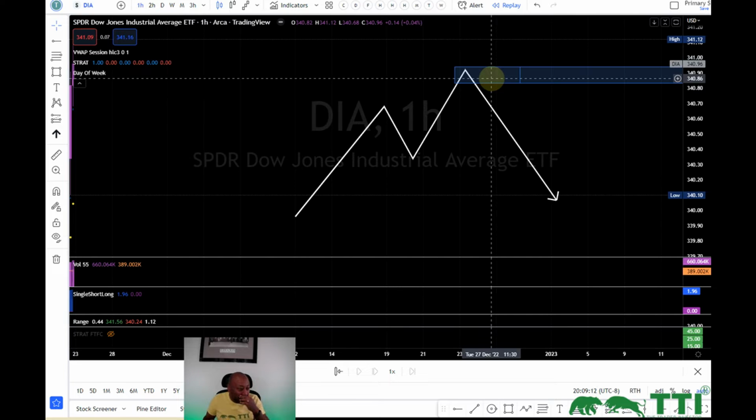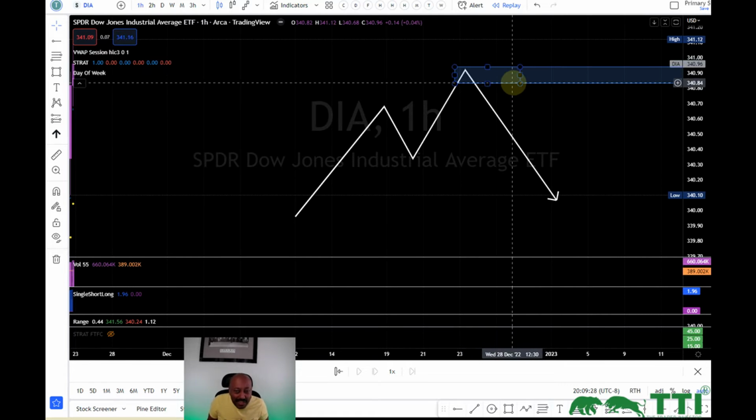Remember, when I was talking about the hammer, I said it's not any random hammer. It has to be at an area of value and it has to stick out like a sore thumb. It has to stick out on its own. Otherwise, if it's in the middle of nowhere, to me, it has no meaning.